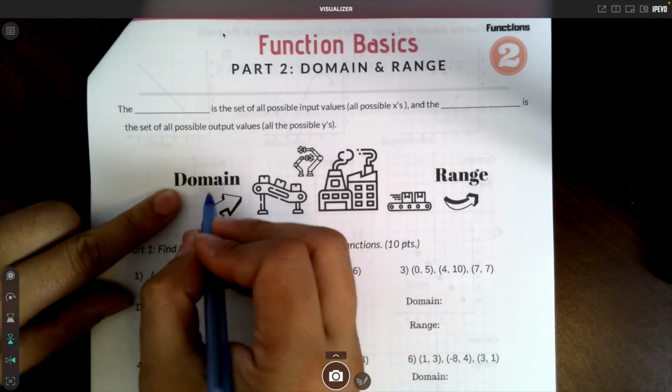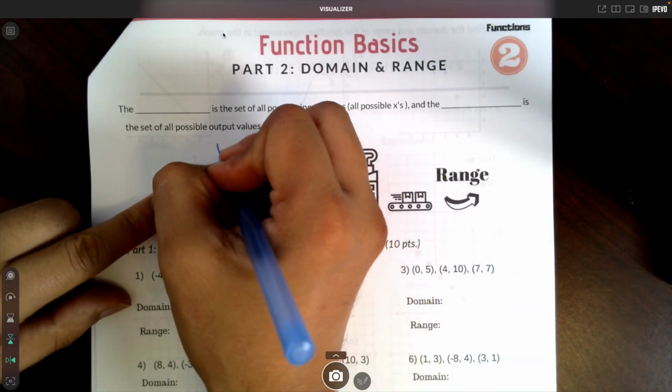Okay, now some more basics. There's now part 2, domain and range. Every function, for it to be a function, it's a machine, you have to feed it, you have to give it stuff, and then the function works and spits stuff out. The stuff that goes into a function, we call this the domain. These are the inputs.